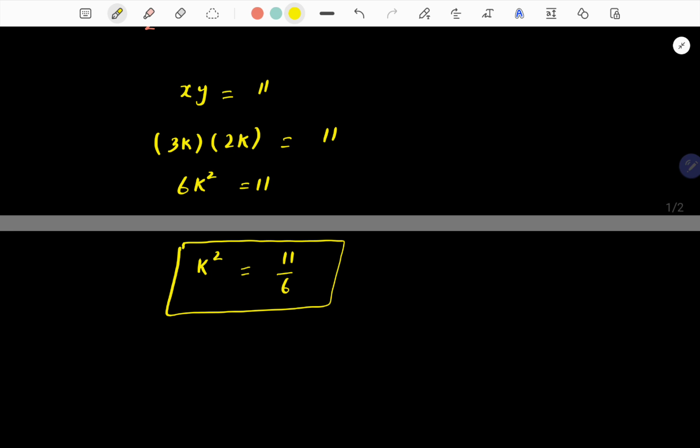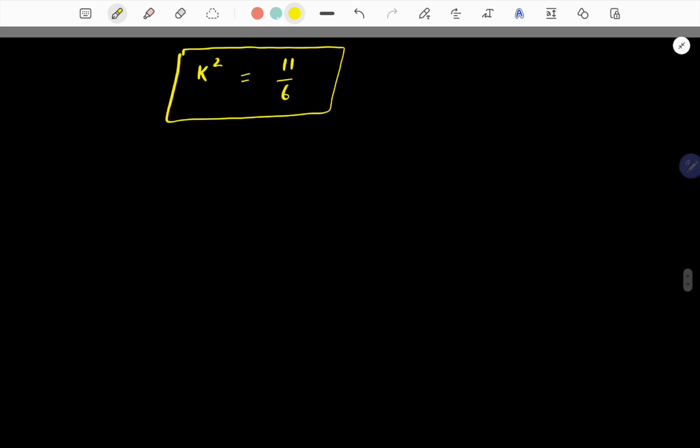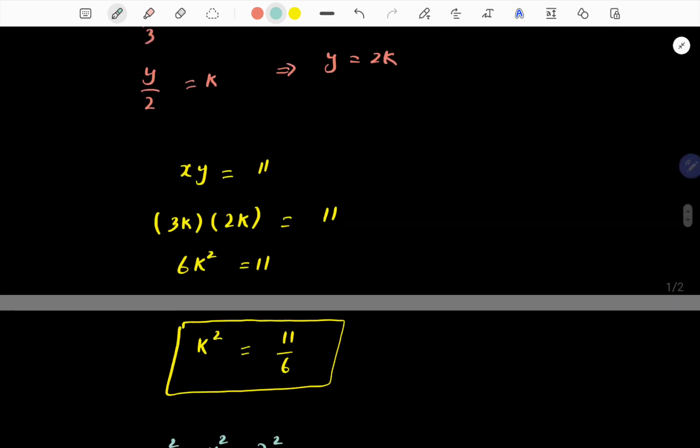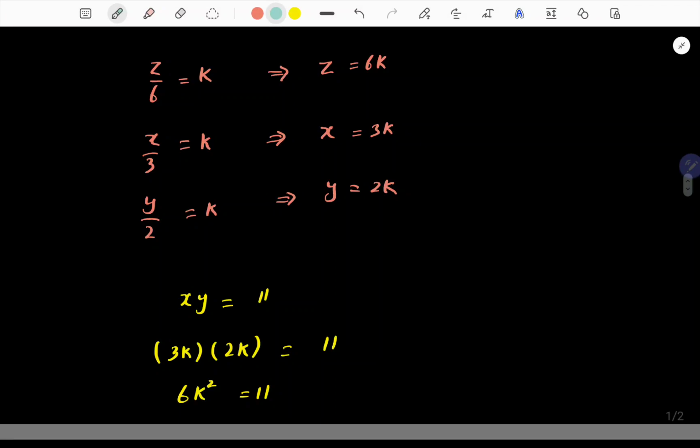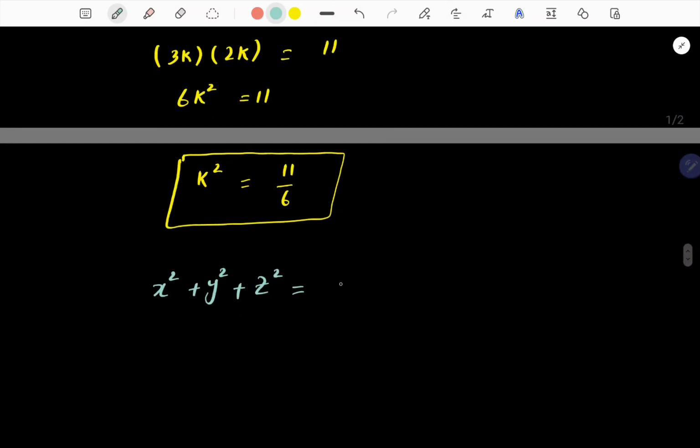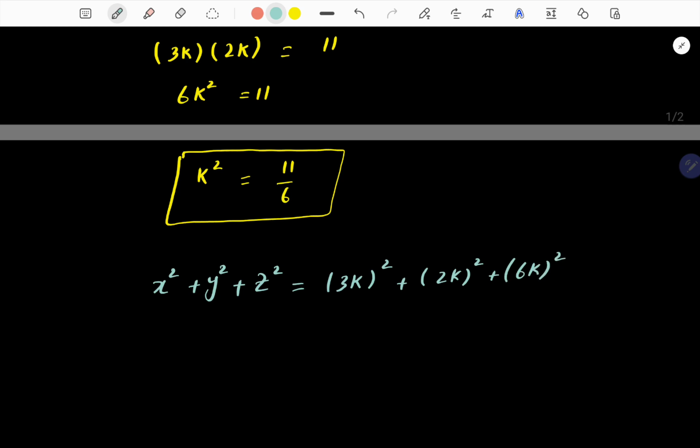Now we move towards the value of x square plus y square plus z square. X is equal to 3k, y is 2k, and z is 6k, so we get 3k square plus 2k square plus 6k square.